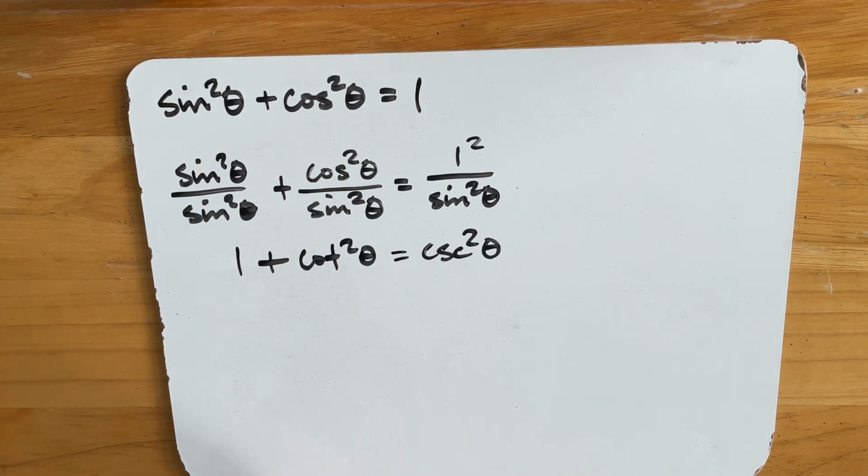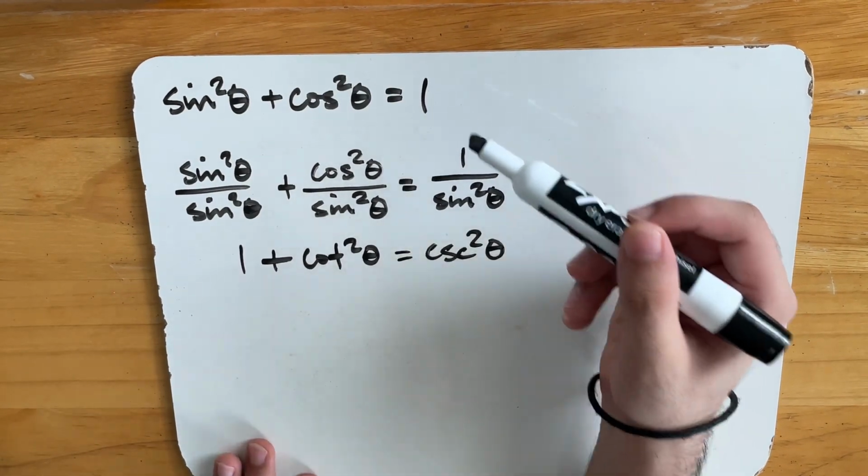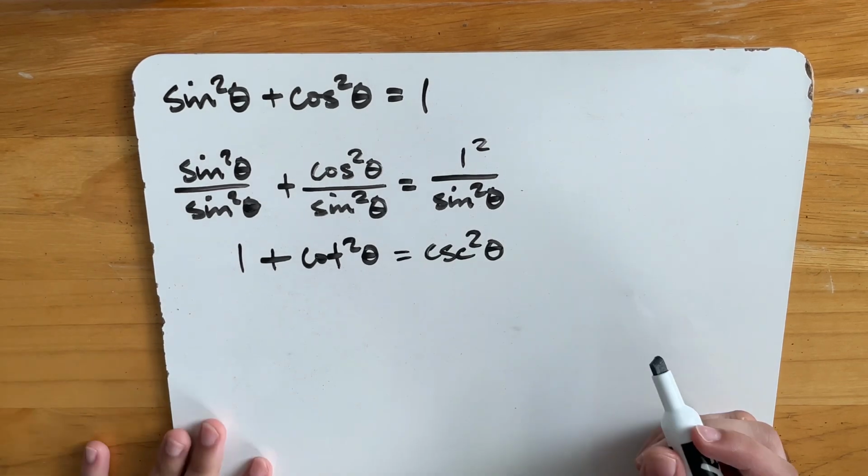Now, similarly, to the most basic identity, we could do something else. We could divide both sides by cosine squared theta. So let's do that.